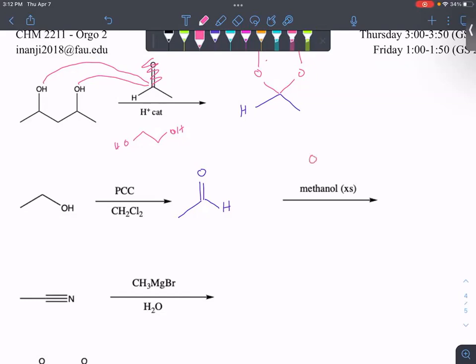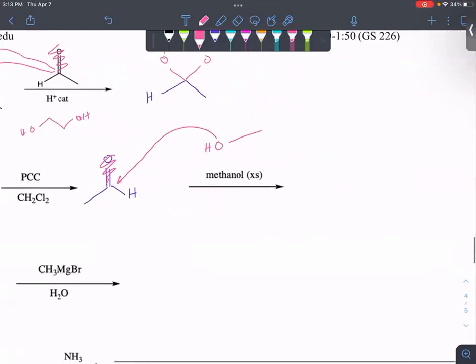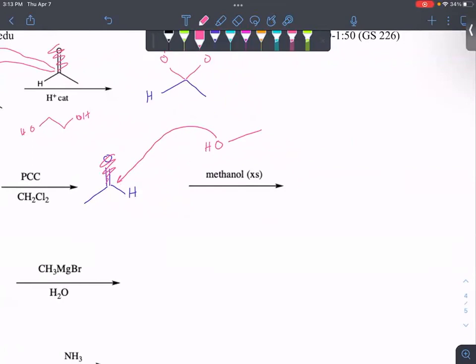So methanol, we have excess methanol, so we know that it's going to go all the way to a full acetal. It's not going to be a hemiacetal with just one methanol attached. So we have our methanol, it goes in, attacks the carbonyl, the oxygen gets cut off, and you replace it with new groups.